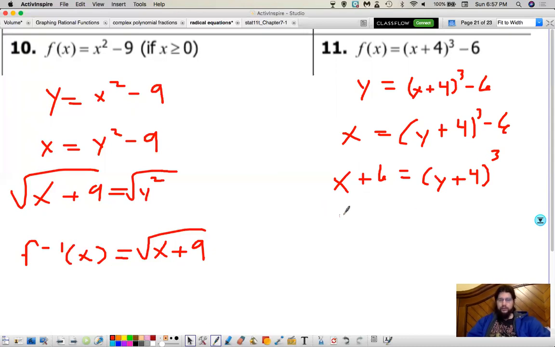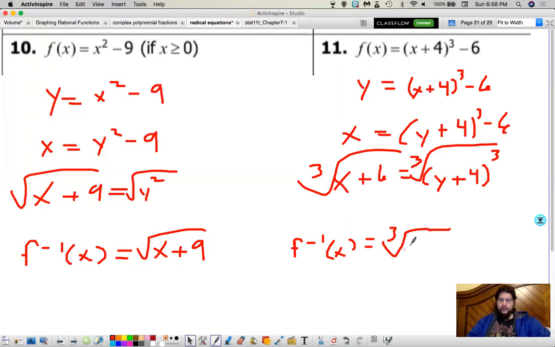It's just a cube root. And we're going to subtract 4 from that. The cube root of x plus 6 minus 4 on the outside of your radical. All right. So the process, not too terrible.